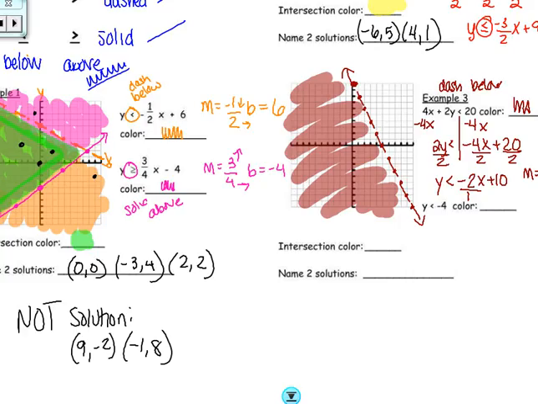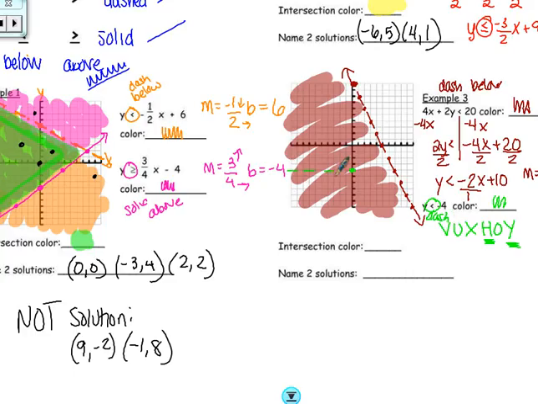Now my other equation, y is less than negative 4. Since there's no x in my problem, if you remember, if I just have a y, it's a horizontal line. So down at negative 4. And if I draw a horizontal line, I know it should be a dashed horizontal line.